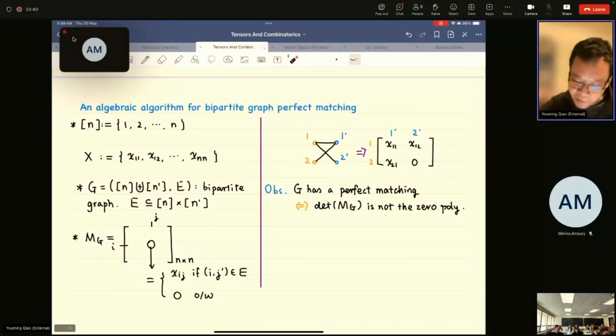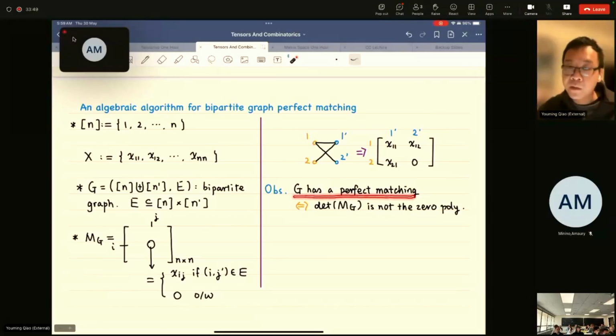So the observation for Lovász, definitely this is just an observation, is that the graph G has a perfect matching, which is a question about graphs, if and only if the determinant of MG is not the zero polynomial. So on this side, it's a question about tensors.